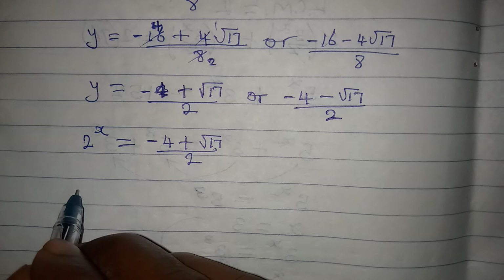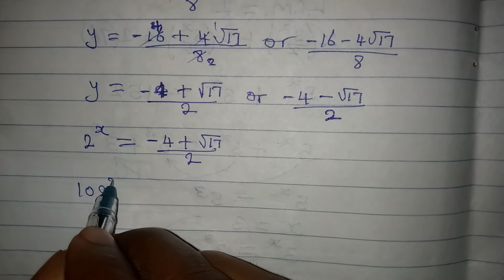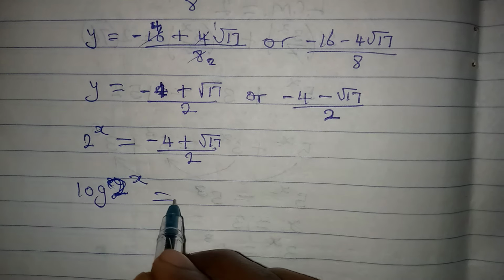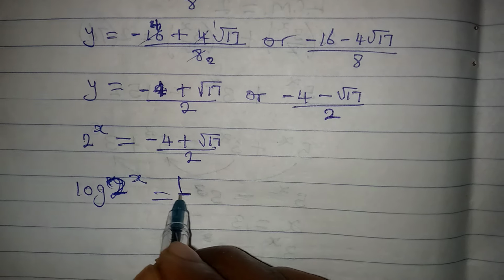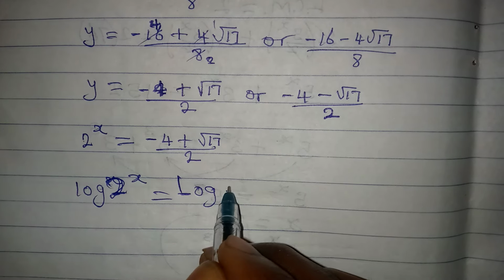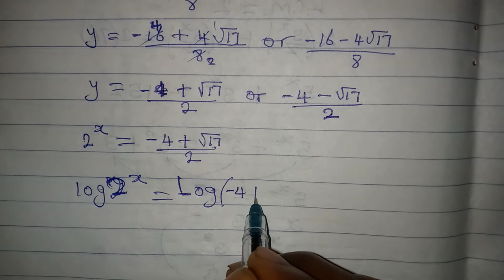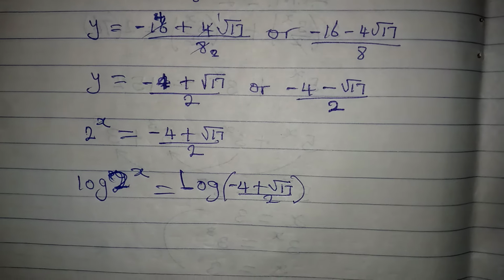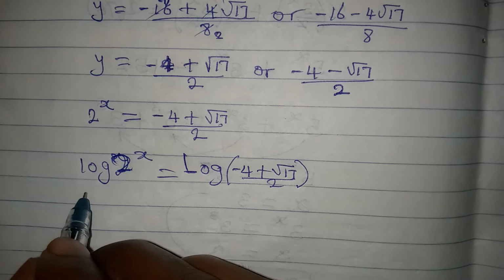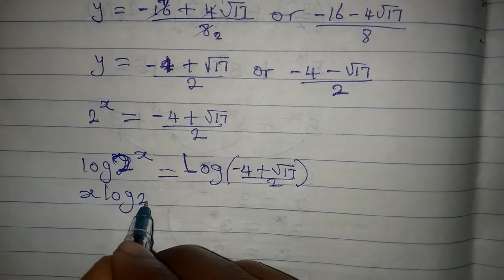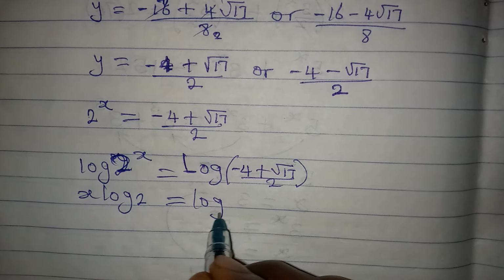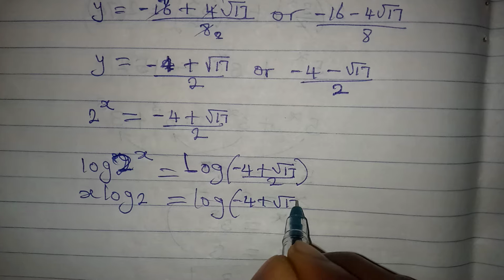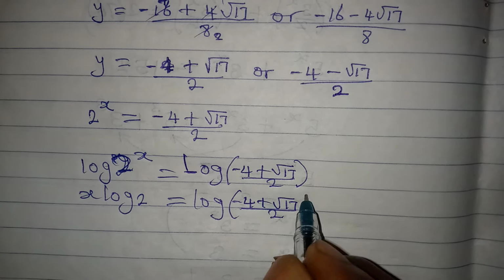Okay, we have log 2 to the power of x equal to log of minus 4 plus root 17 over 2. The power can always go in front, so x log 2 is equal to log, open brackets, minus 4 plus root 17, this is over 2.